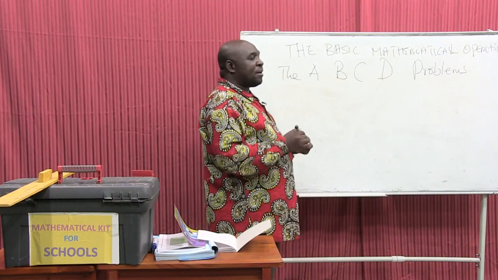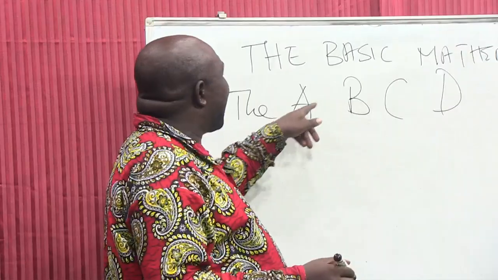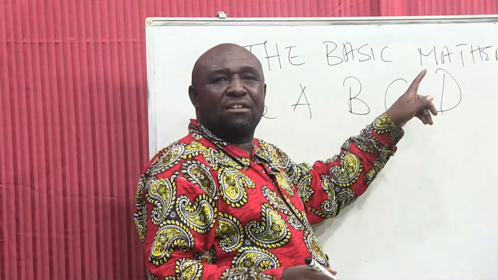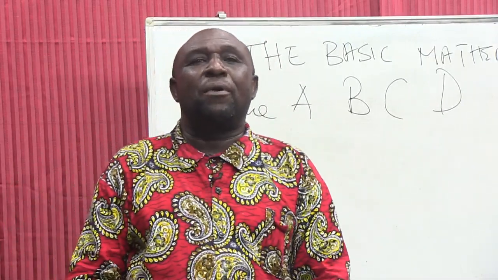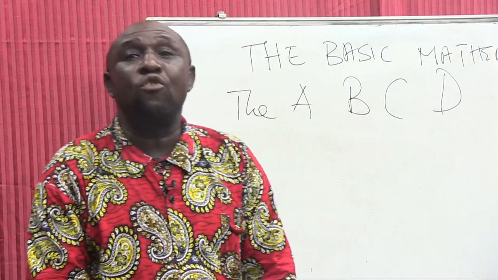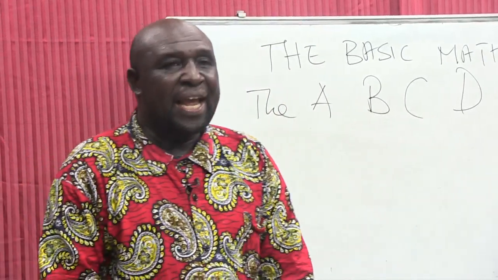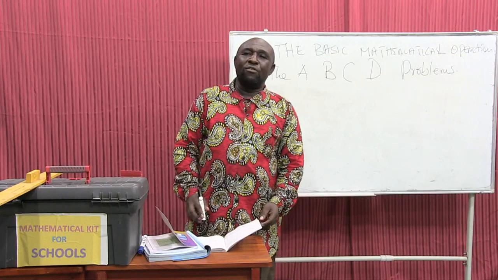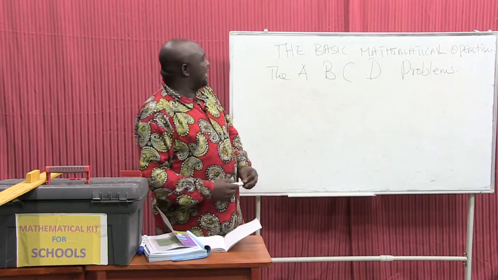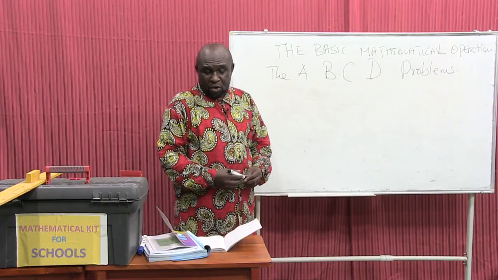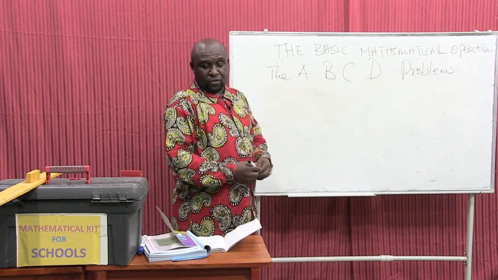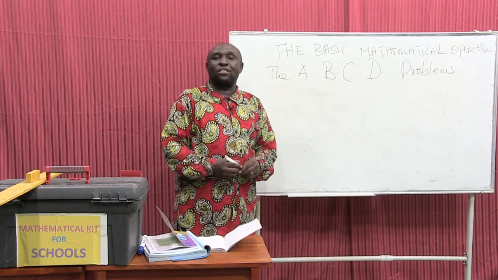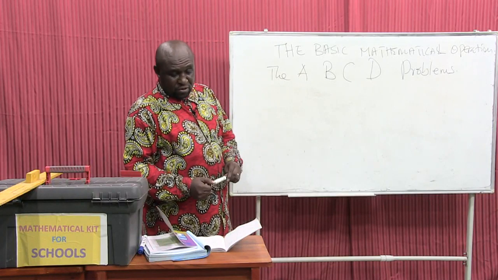These are problems anybody can do. These are simple questions which you can do. He can do, she can do, they can do. So these are very, very simple questions to do as a primary school learner.